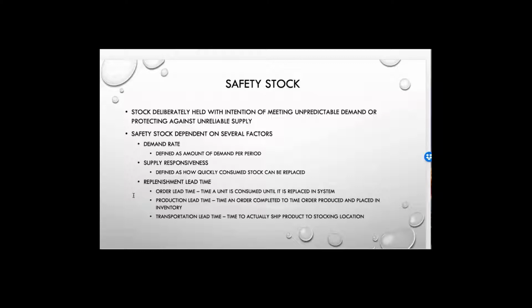So the time to order it may change, the time to produce it may change, and then the time to transport it may also change. So you have to look at the time it takes to take this stock and put it into place. Sometimes you'll see that included with the lead time, but just realize that replenishment lead time needs to also be included when you look at safety stocks.